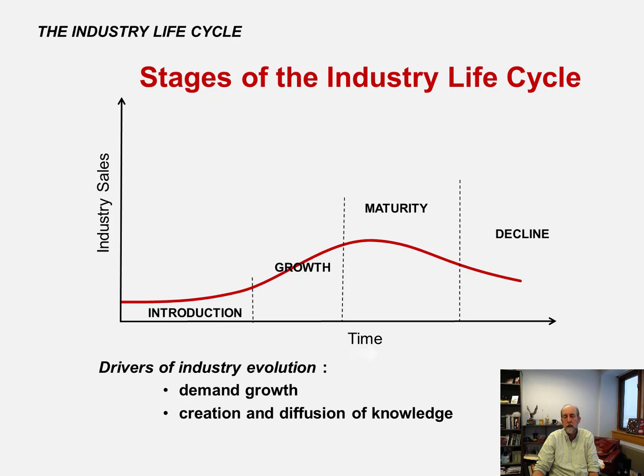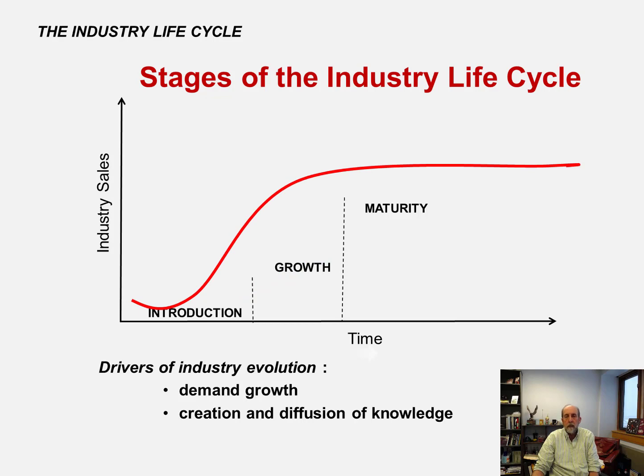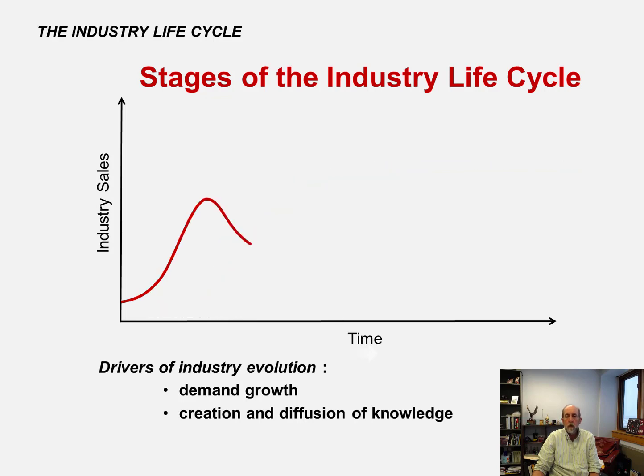Total industry sales don't ever get that big. It might be something like this. Certain commodity kinds of products, staples, food might be one. You introduce, you grow, and then maturity happens for a long, long period of time. Or you might get something like this, a quick run up, and then it gets replaced by something else. So, yes, we saw growth, but it went almost immediately into decline in a short period of time.